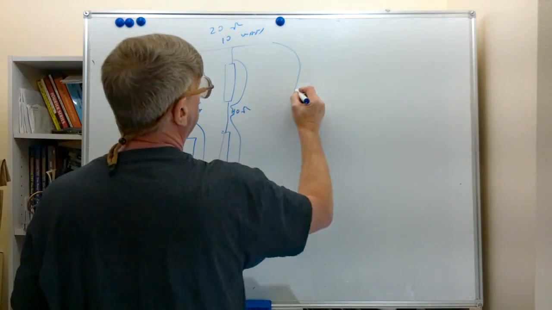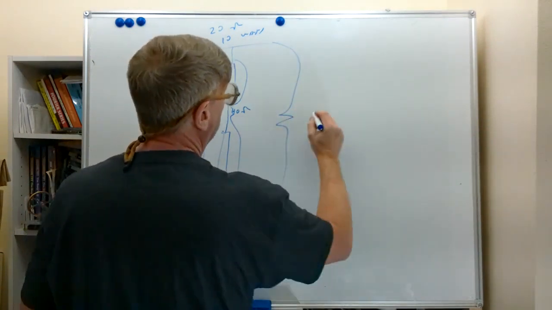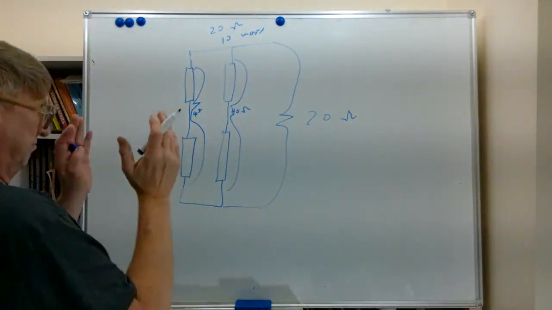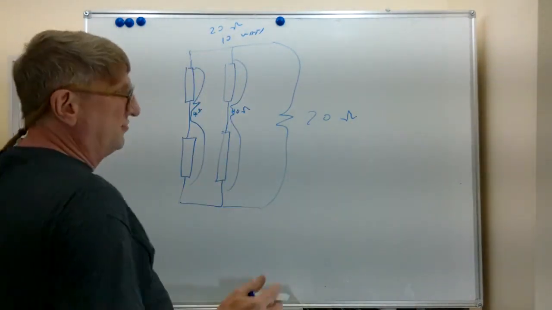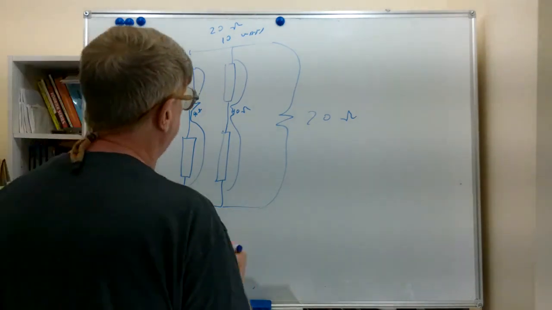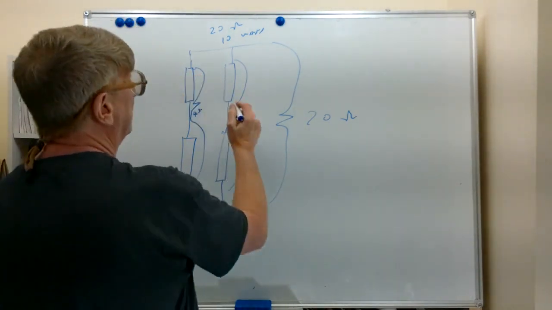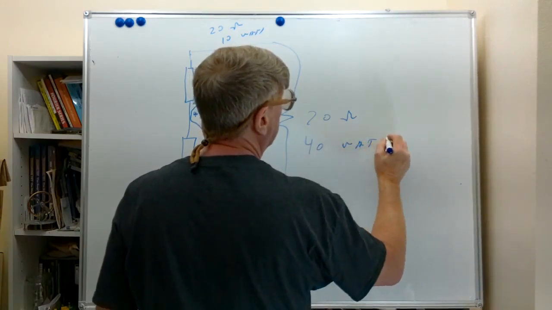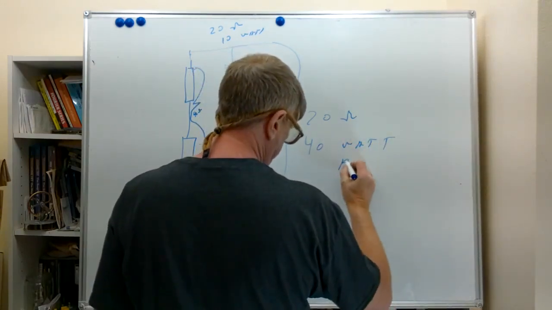So we have 20 ohms. Again, equal values, all the power dissipation gets split up the same. So we can add up the 10 watts to give a total of 40 watt power dissipation.